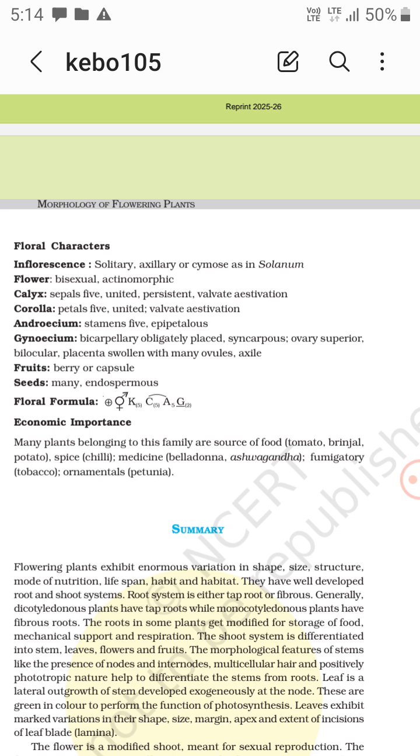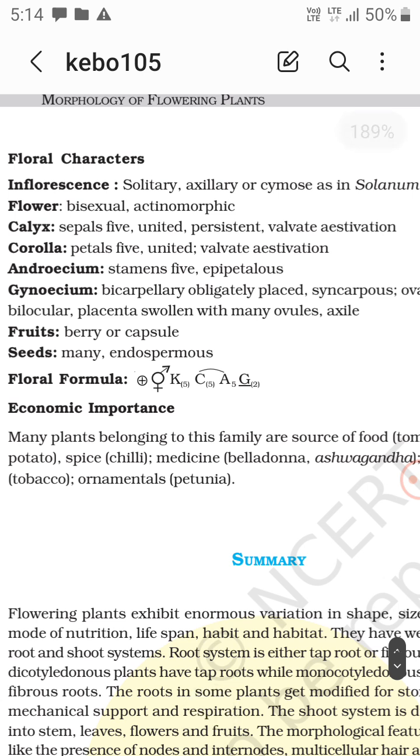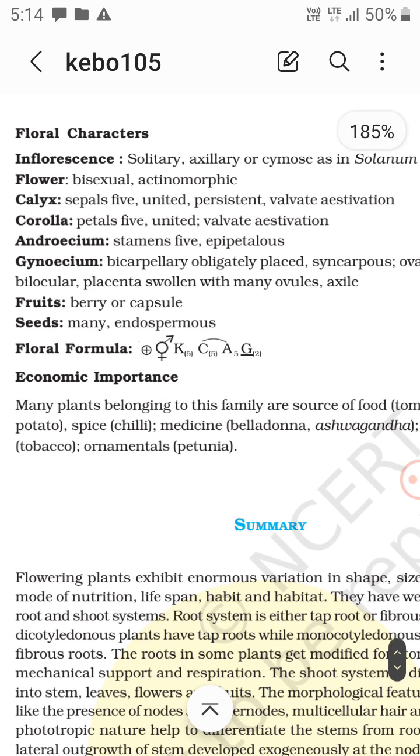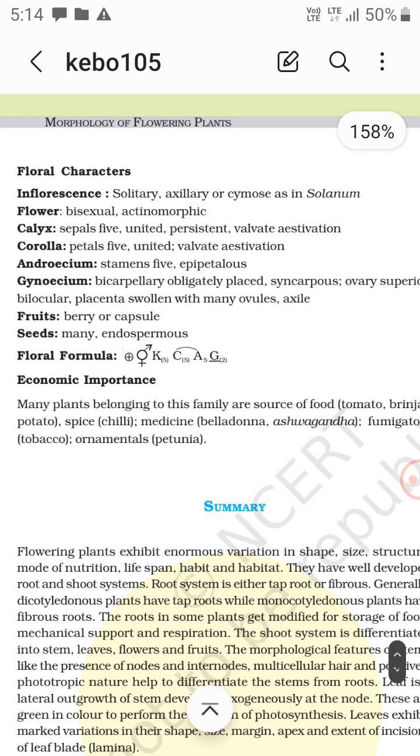Then floral formula, that is plus, then bisexual, then K in the bracket 5, C in the bracket 5, A 5 stamens with fusion, and then G with a line below and 2 is fused. So economic importance, like plants, they are a source of food.